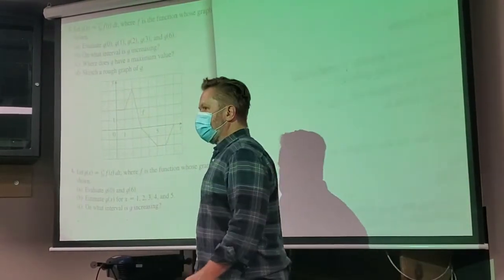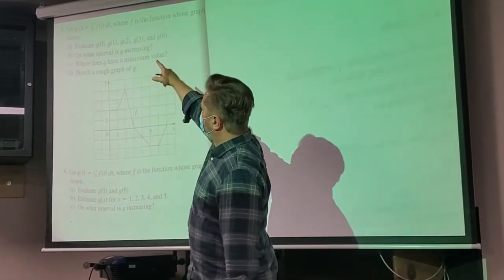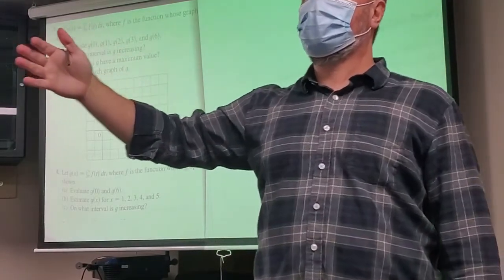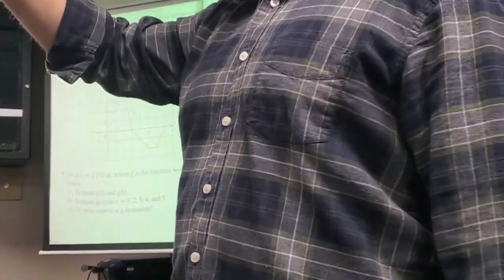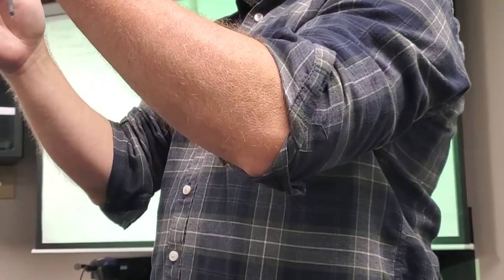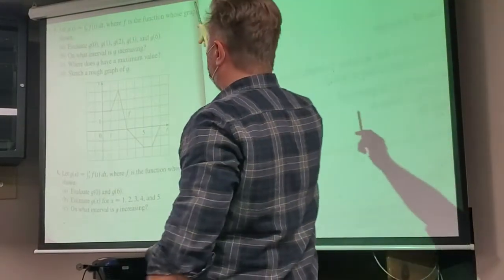G of 0 should be easy. Just plug a 0 in, right? So again, fundamentally, g of x is like any other function, but it's based on the process of finding areas. So when you have a different input, it goes to the top of the integral, and then it tells you where to find the area between. So of course, what would g of 0 have to be? 0, right?